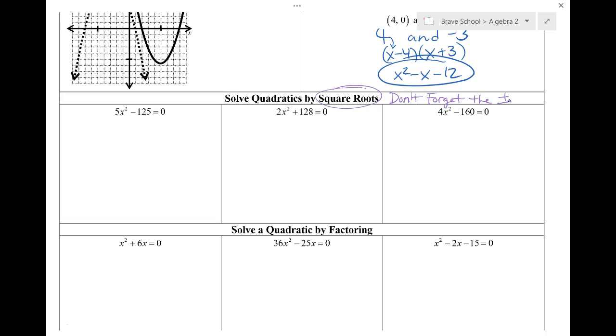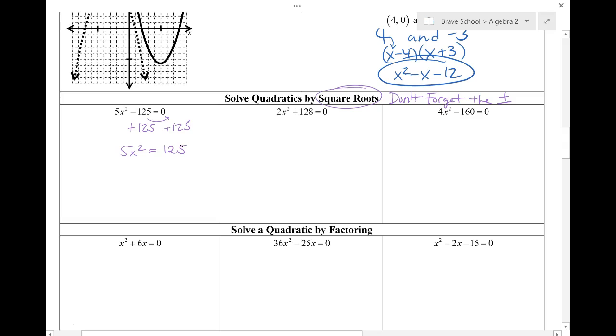Now, this one to the left, what we need to do is I need to move this negative 125 to the other side. So let's use our algebra and add it to both sides. So now I get 5x squared equals 125.